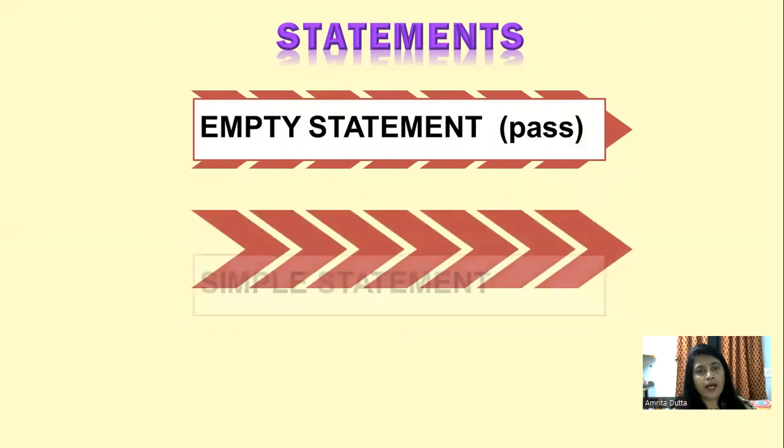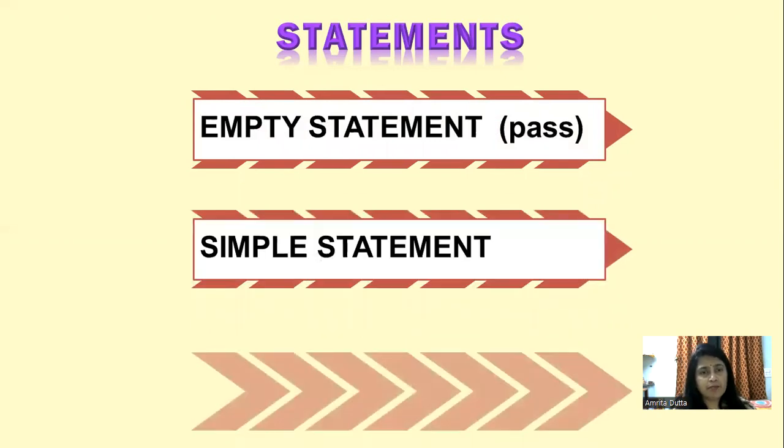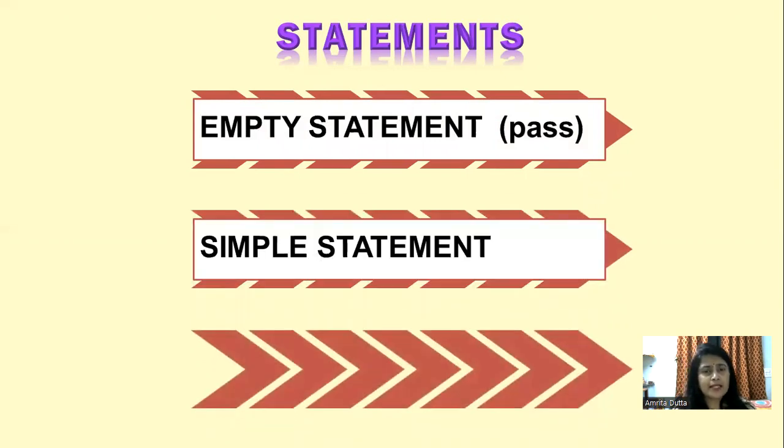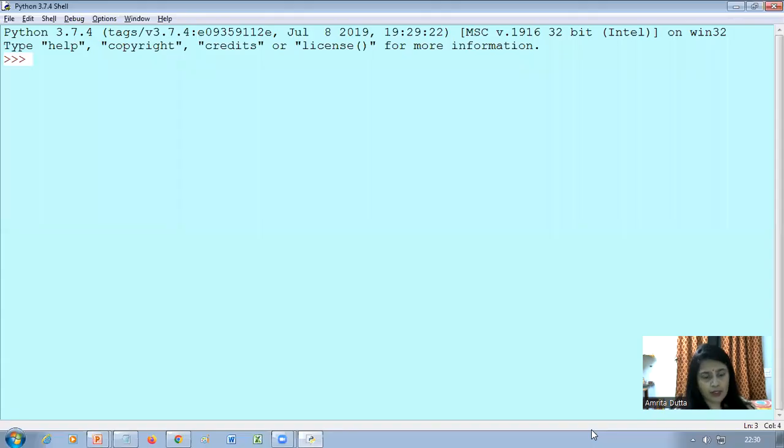Second, we have the simple statement. Simple statement means that any single executable statement is known as a simple statement. For example, I write age equals input, enter the age.